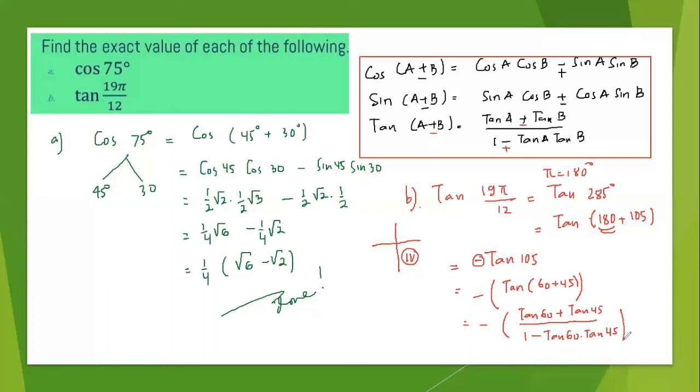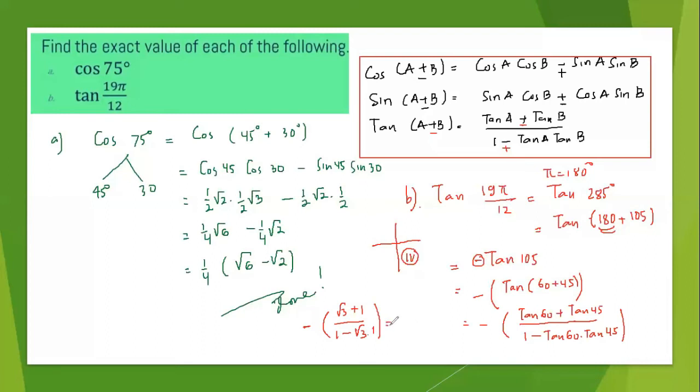Right? Minus, open the bracket, tangent 60 is root of 3, tangent 45 is 1, over 1 minus root of 3 times 1. Okay? Is it clear to you?